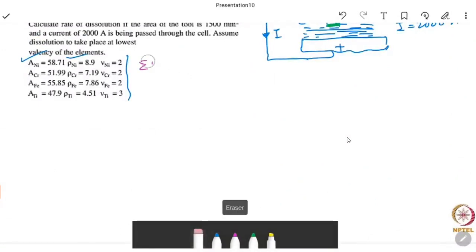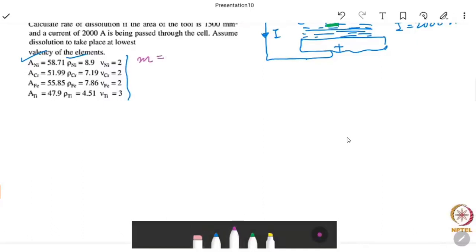If you are curious about it, then the total mass that is being removed is a summation of the masses of the individual elements that are being removed. You can write it like this: m of nickel plus m of chromium, m of iron plus m of Ti.